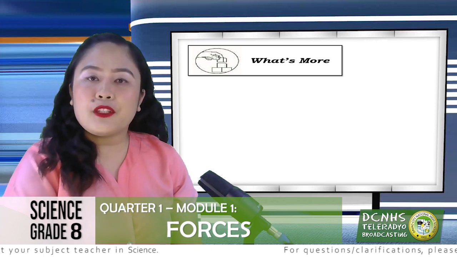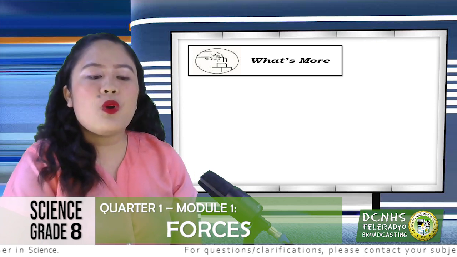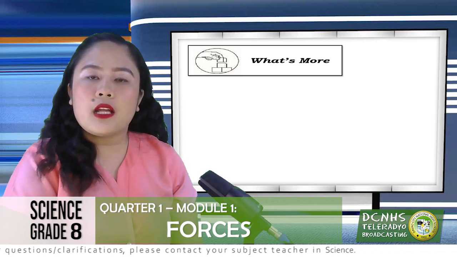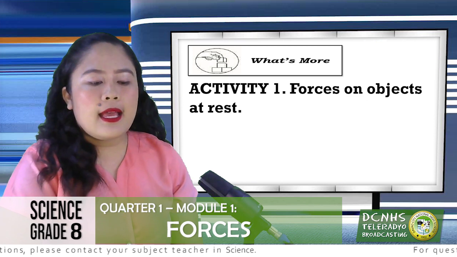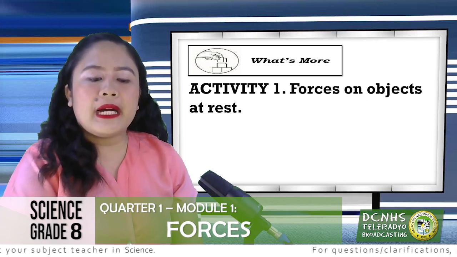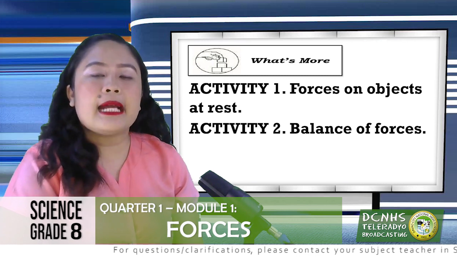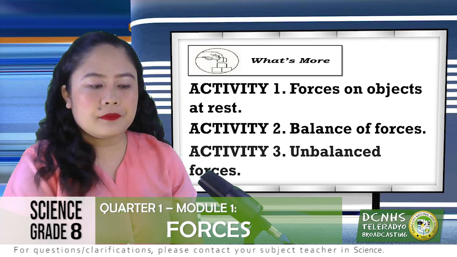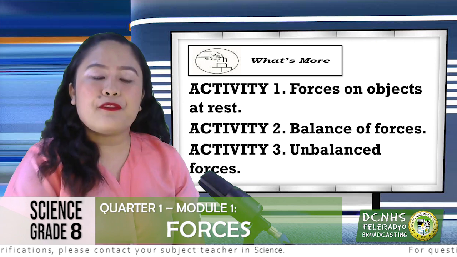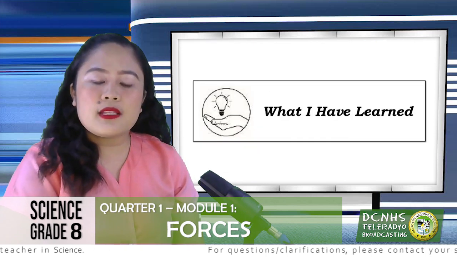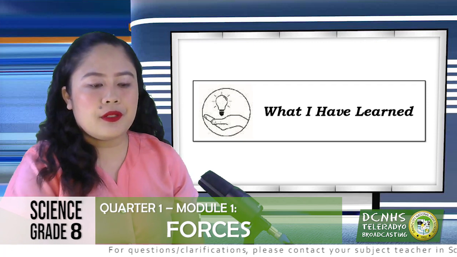In the What's More part of your module, you are tasked to answer Activity 1, Forces on an Object at Rest, Activity 2, Balance of Forces, and Activity 3, Unbalanced Forces. In the What I Have Learned part of your module, there are 10 questions you need to answer.